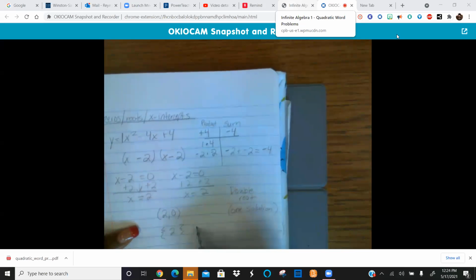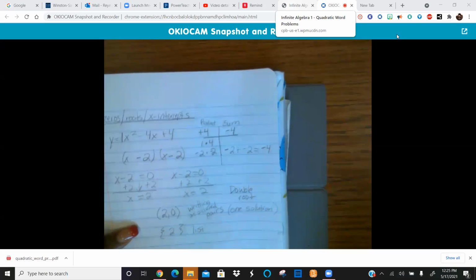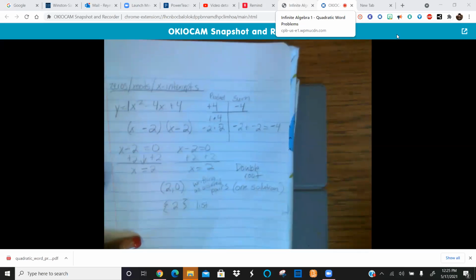So this is just a list, and this is writing it as an ordered pair. Sometimes they'll have you write it as ordered pairs, and sometimes they'll just ask you to make a list of them.